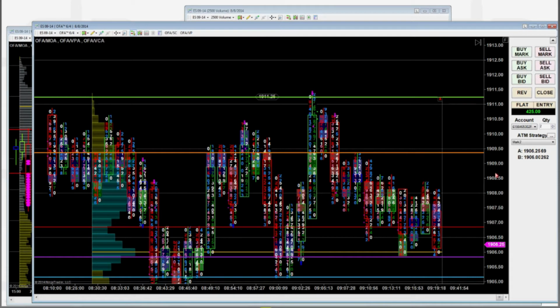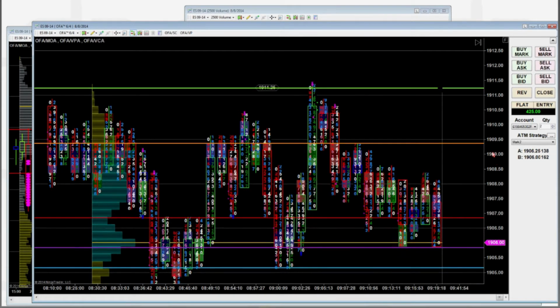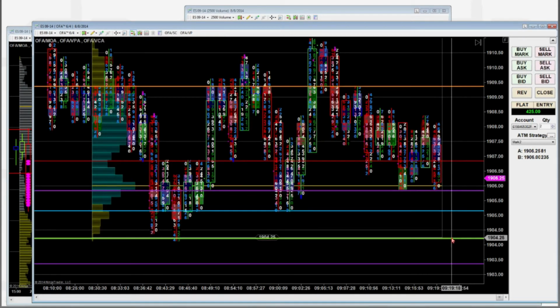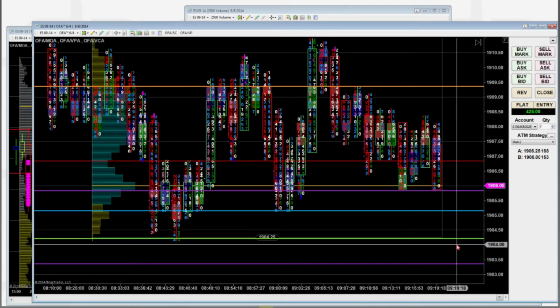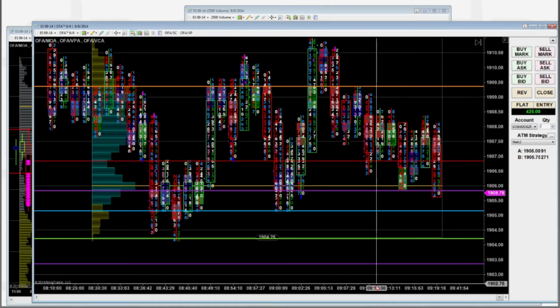We'll see. But my preference would be that these levels hold. Same thing down here. If price, a couple of minutes before 10:30 Eastern, starts flirting down here, we may see this thing go one tick, two ticks, and turn around.